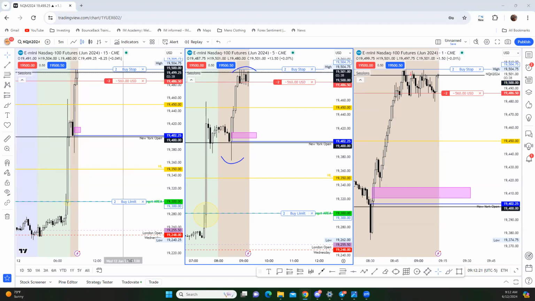So we could just break down one more time on the 5. From here, I would literally cover half the position. But right now, it's a probability. I'm just accepting the risk.